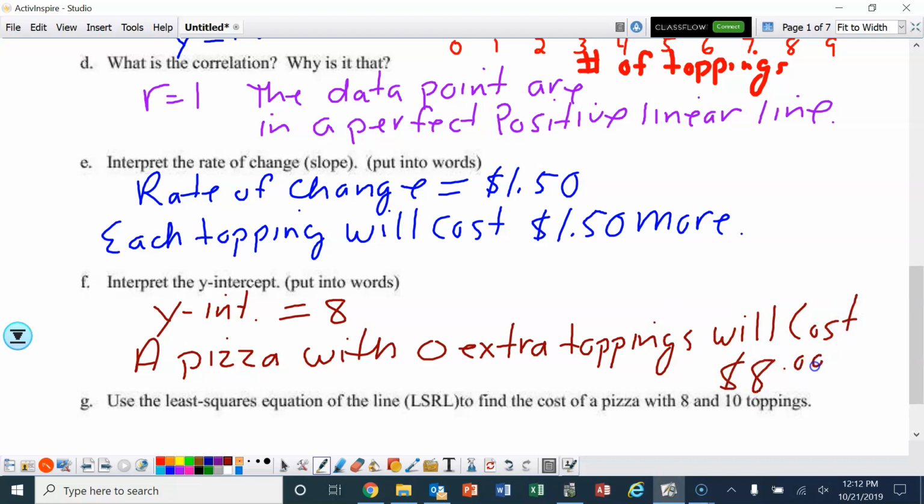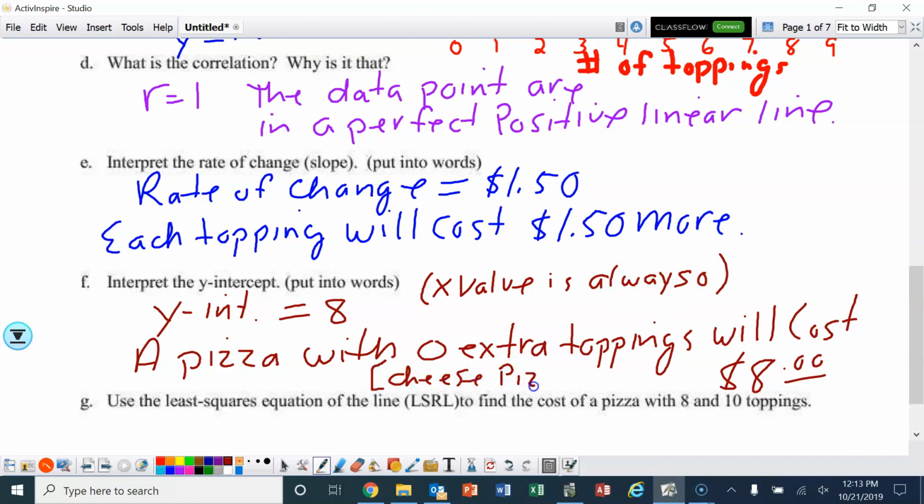Okay. So the x is 0. Think about it. X represents the number of toppings. The y-intercept, the x value is always 0. So another way of saying it, this is just a plain old cheese pizza, if you think about it.